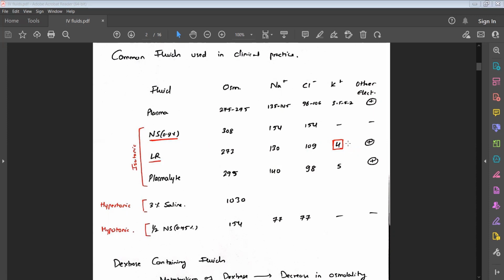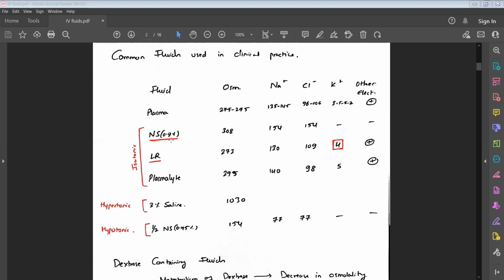Lactated ringers and plasmalite also contain a little bit of potassium in them, and there are also other electrolytes which I will not be going into, because you don't need to remember these electrolytes. You just need to understand how these three different isotonic fluids are different from each other.